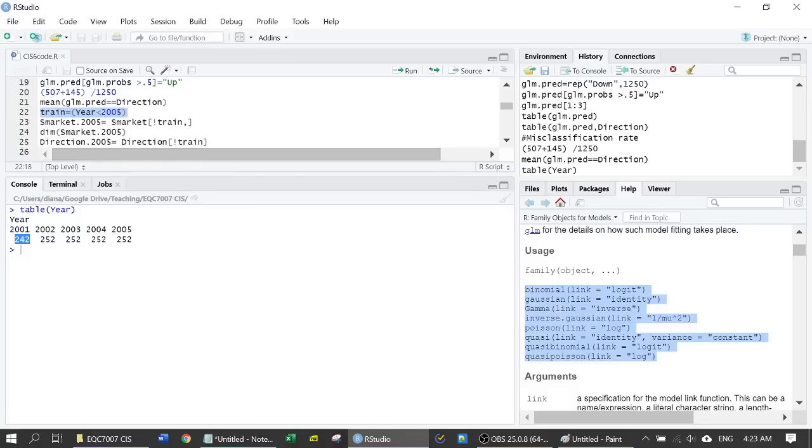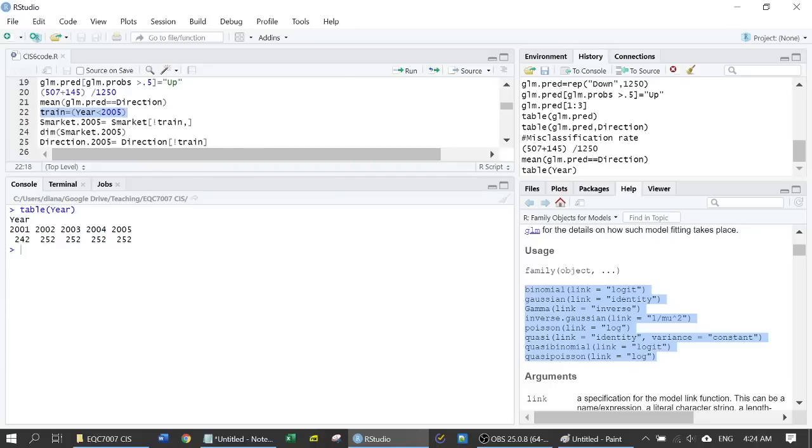So we want to use all of the observations from 2001 to 2004 as our training data set, and we're going to keep the 2005 observations to be our testing data set. So instead of randomly picking observations within each year, we're going to use 2005 for testing and the rest of the years as the training data set.